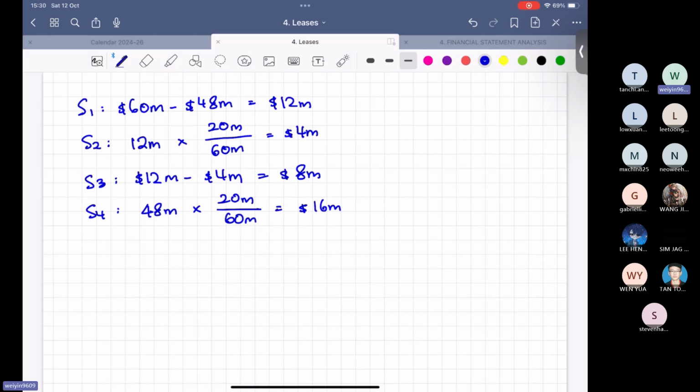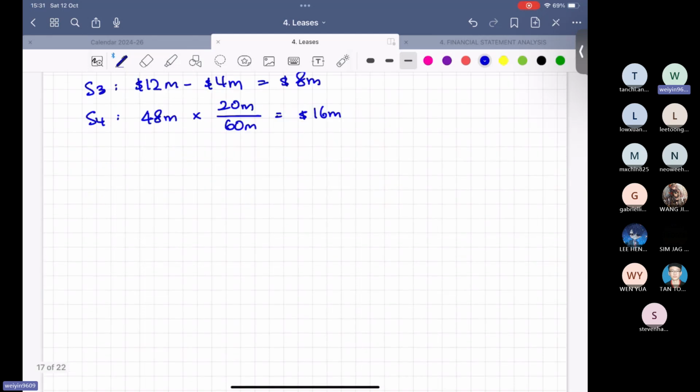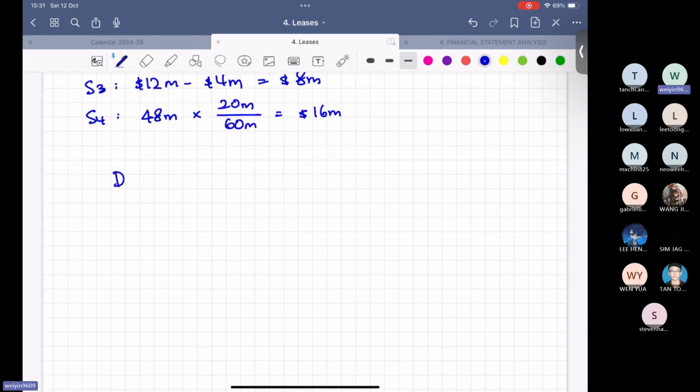So when you go through all this, basically these amounts help you to get your journal entry. Remember my journal entry: debit cash, debit ROU asset, credit your asset, which is hotel, credit your lease liability.